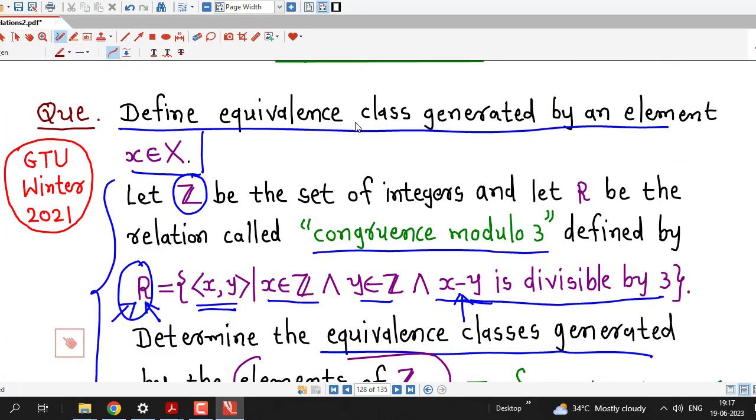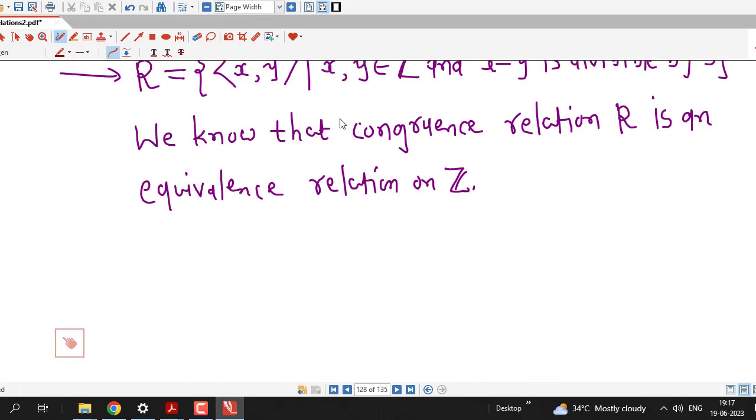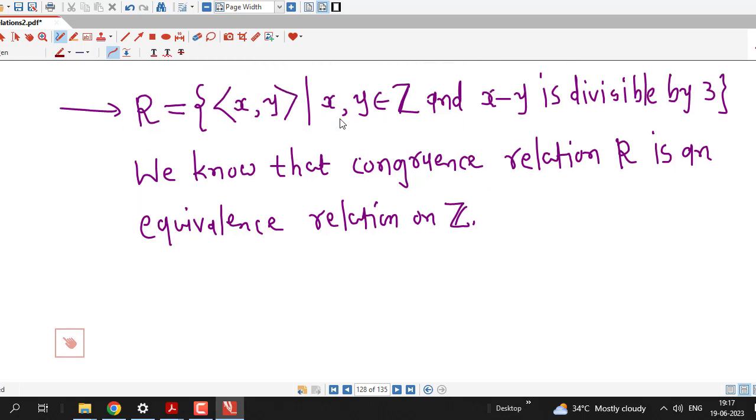So with this in mind, now we are first trying to write down the equivalence class generated by 0. So now we are using the definition of equivalence class.